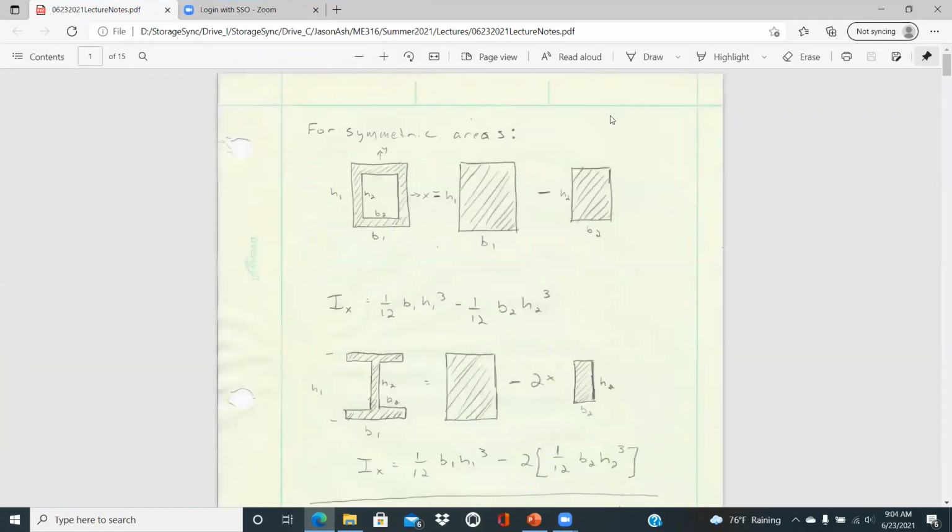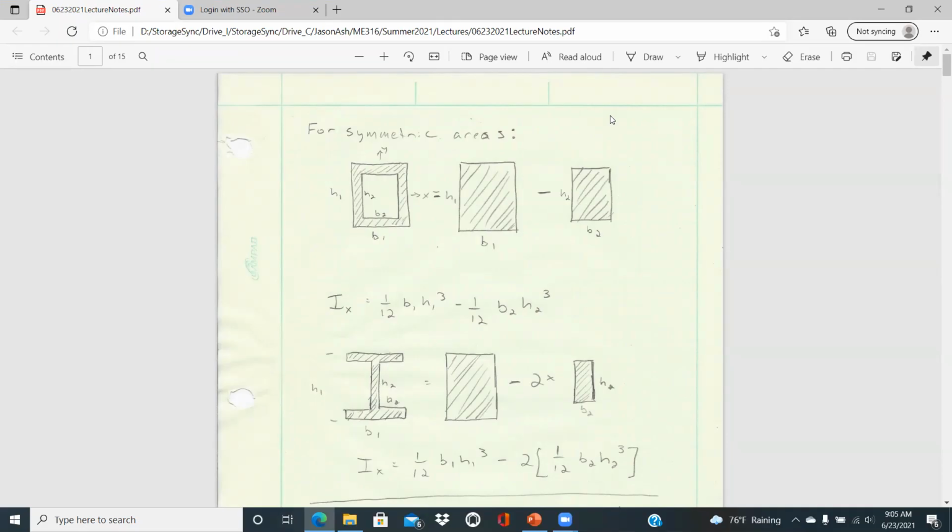On Monday this week, we really talked about the concept of beam bending, looking at the bending stress as a function of the moment that's applied, sigma equal to MC over I. We also looked at the area moment of inertia, the I value, which is the beam's resistance to bending.